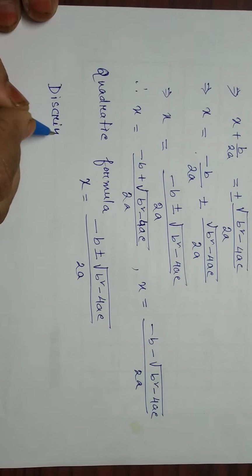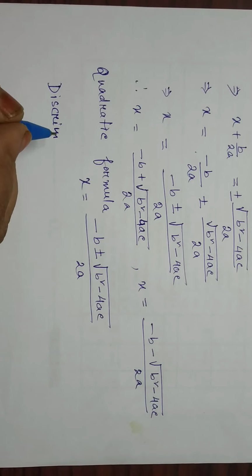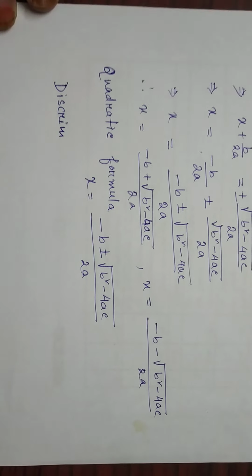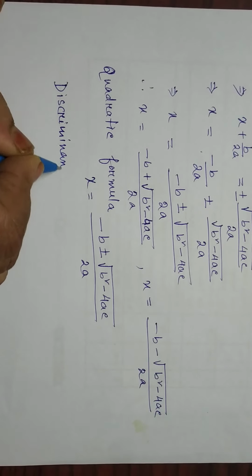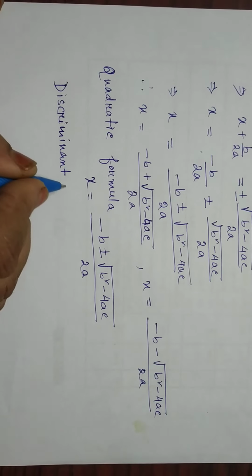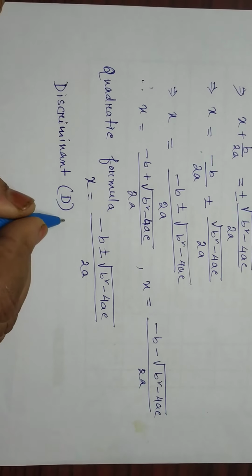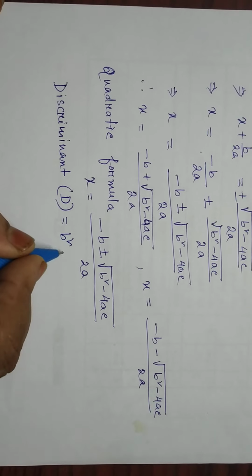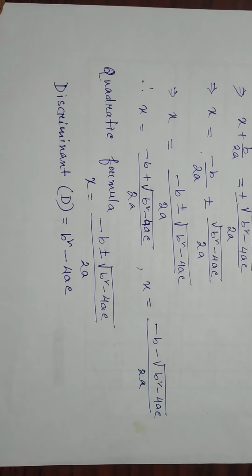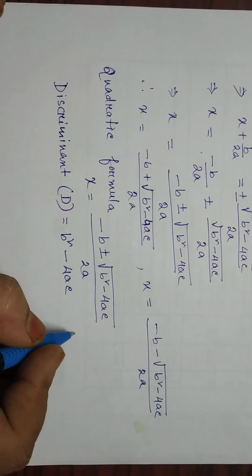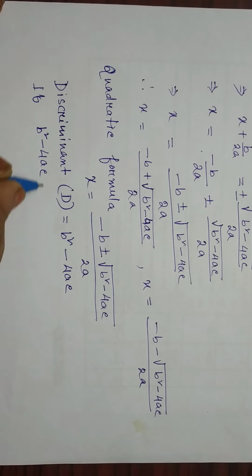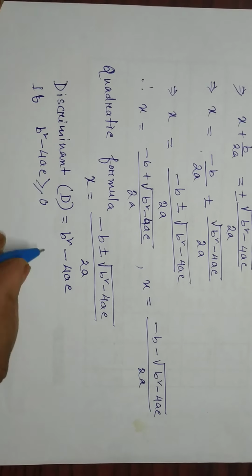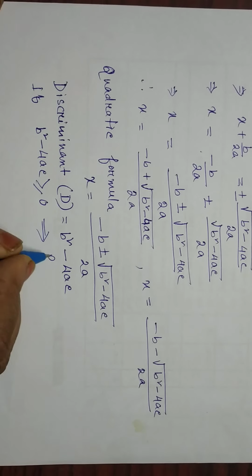In short we can write capital D is equal to b square minus 4ac. That means if the value of b square minus 4ac is greater than or equal to 0, then roots exist.